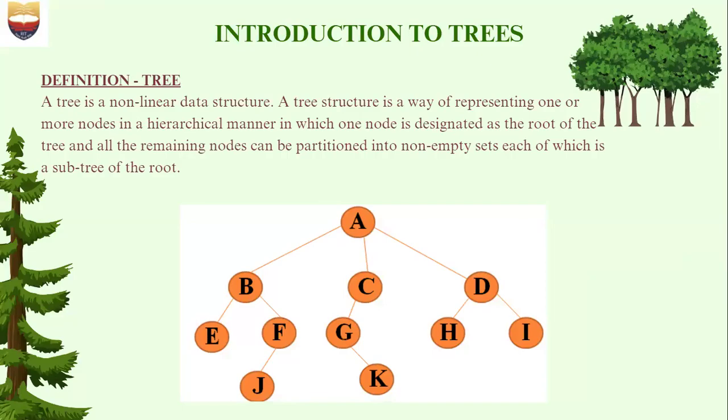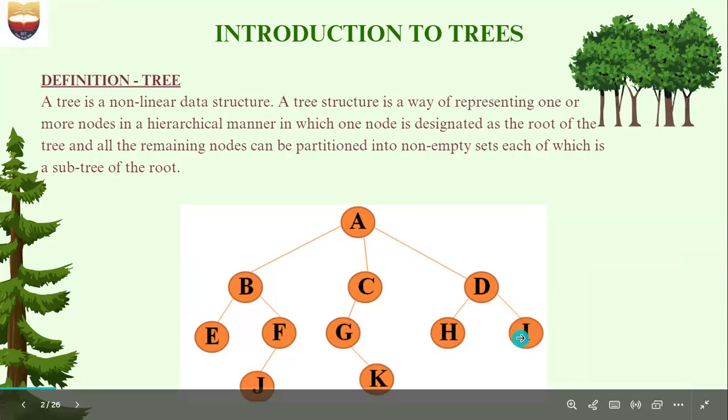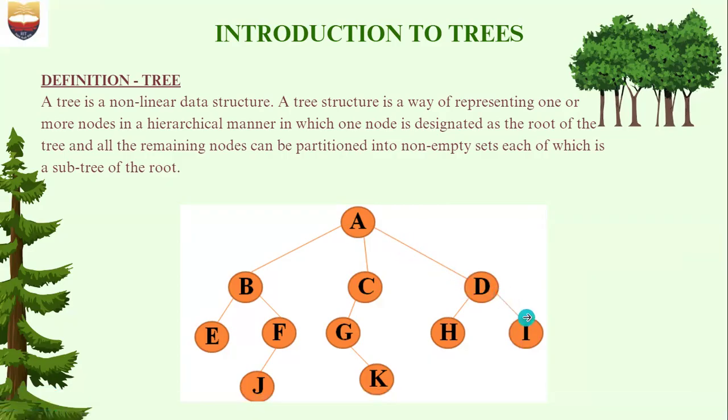So here I'm going to determine the depth of node I. Again, I choose the same path which is chosen in the example of path, right? So here the depth of node I is said to be 2. If you count the number of edges here, 2, right? Therefore, the length of the path is 2.